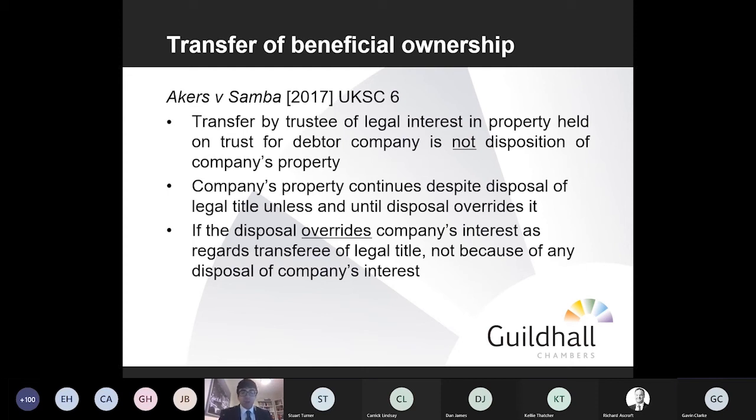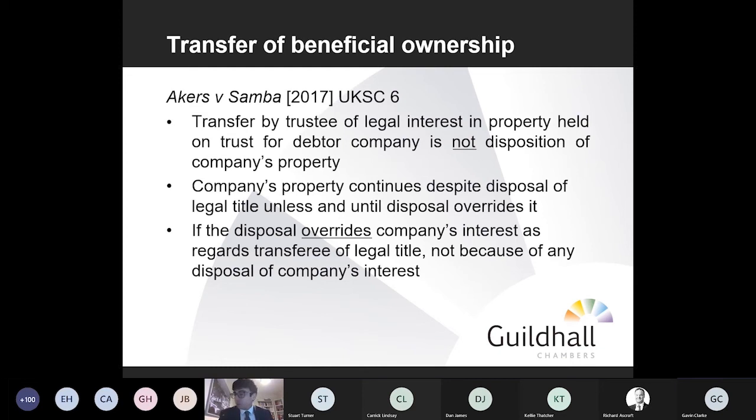That in and of itself doesn't involve any disposition of the company's property. Now, it may be that as a matter of law, when the trustee transfers the property to the third party, the legal effect of the transfer is that the beneficial interest is destroyed. It may not. It depends on what the legal position is.